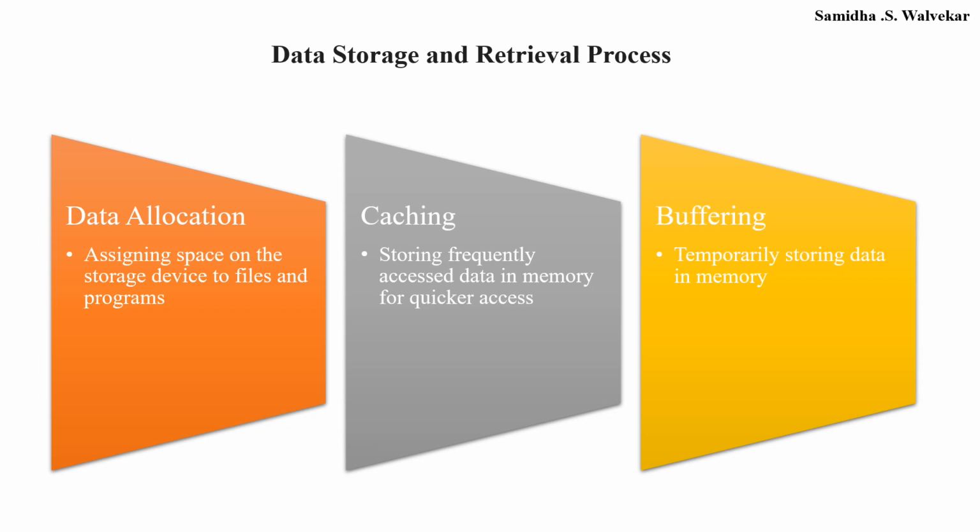Next point in computer architecture is data storage and retrieval process. Data storage and retrieval process in operating system involves allocating the storage space, optimizing data access through caching and buffering, and implementing of some data hiding techniques.